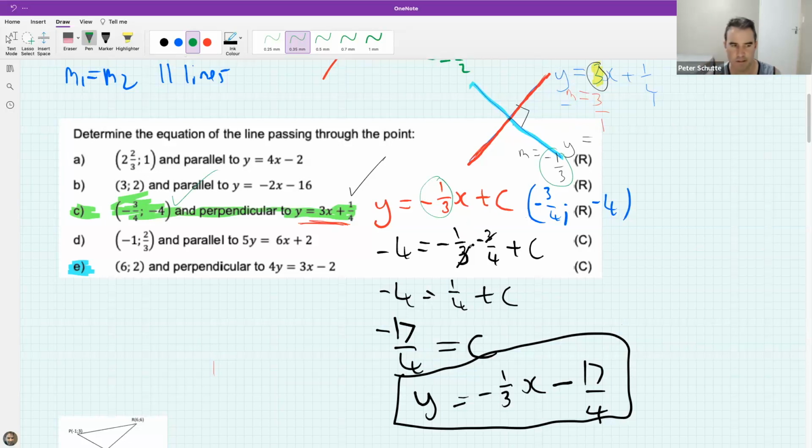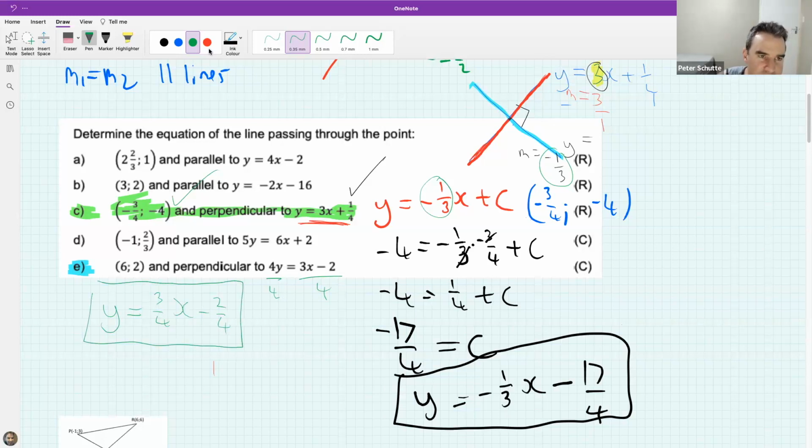Okay. Now, with E, the problem is I can't grab the gradient as easily because it's not in standard form. But luckily, because I'm good with algebra, I know that I can just divide both sides by 4. And then the standard form will become 3 over 4x minus 2 over 4.